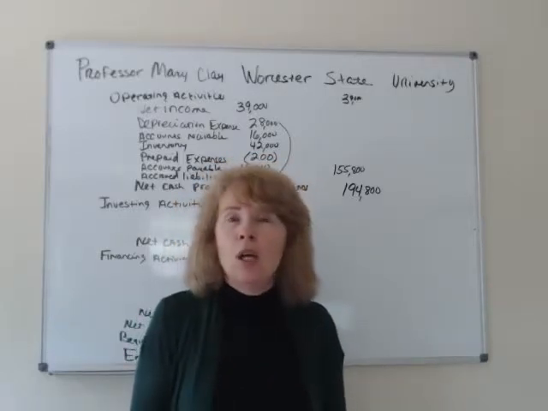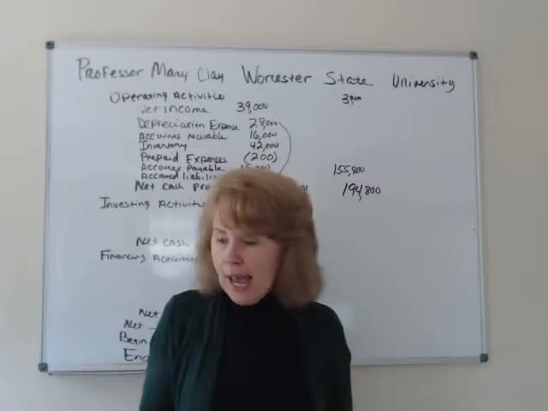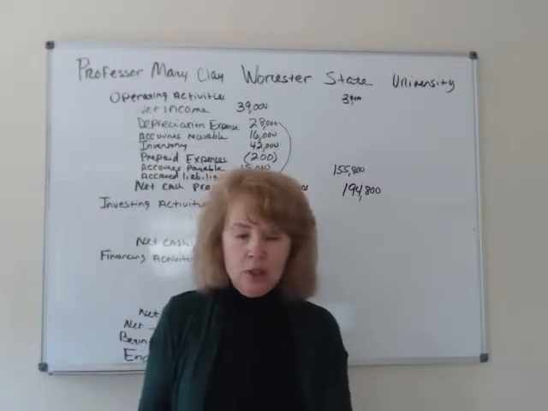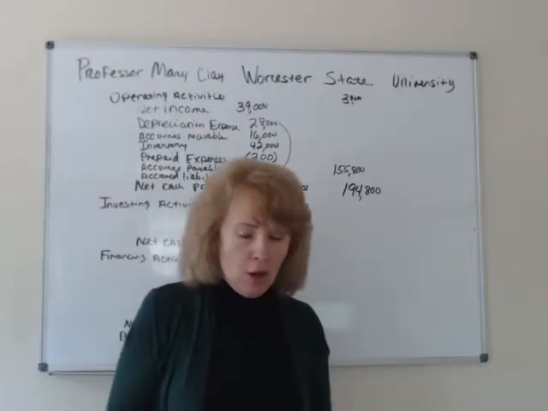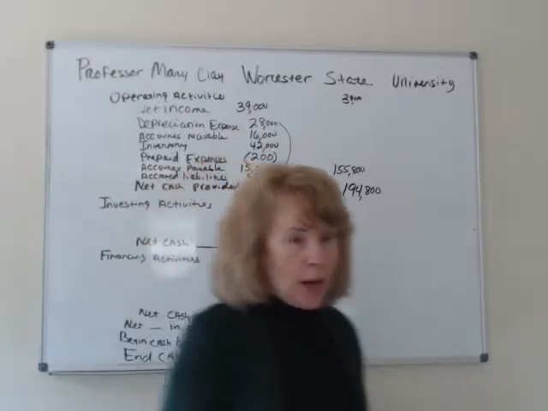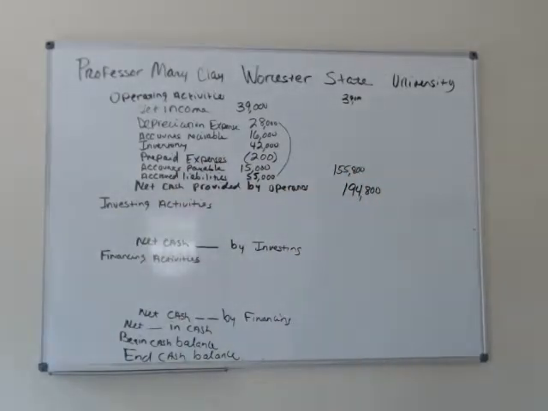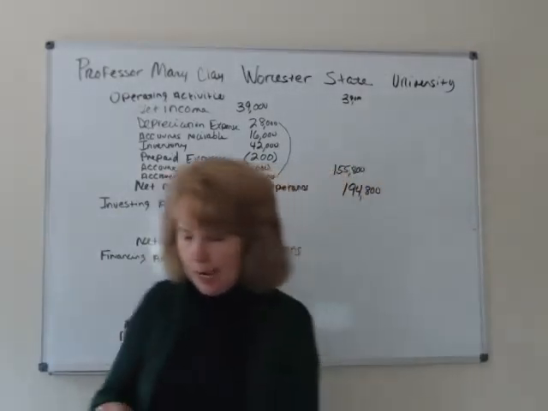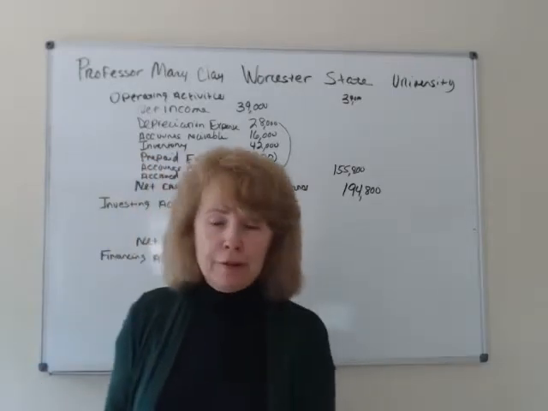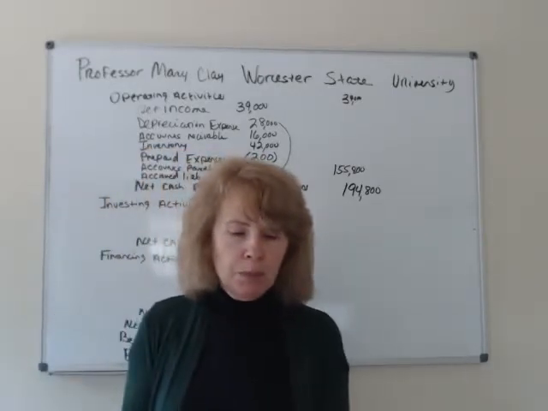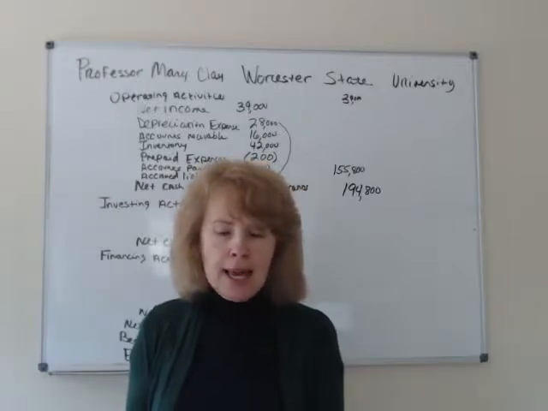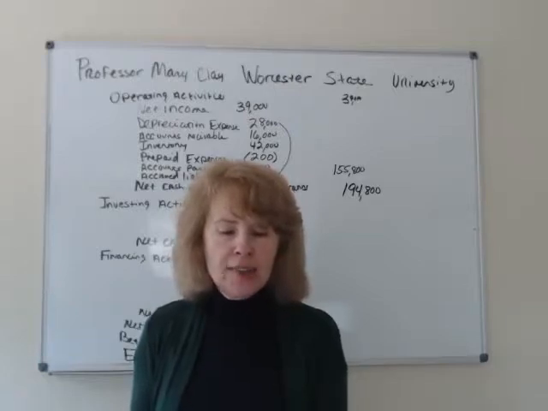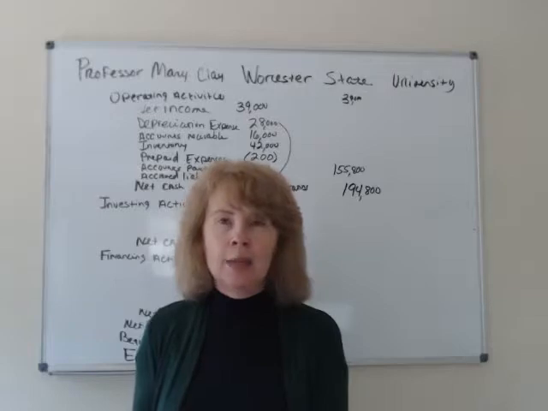All right, now we finished operating. So now we're going to take the additional data to work on investing and financing, okay? All right, so A through F, we're going to do with the additional data, okay? Let's go through A first. Acquisition of plant assets was $156,000. Of this amount, $104,000 was paid in cash and $52,000 was financed by signing a note payable.